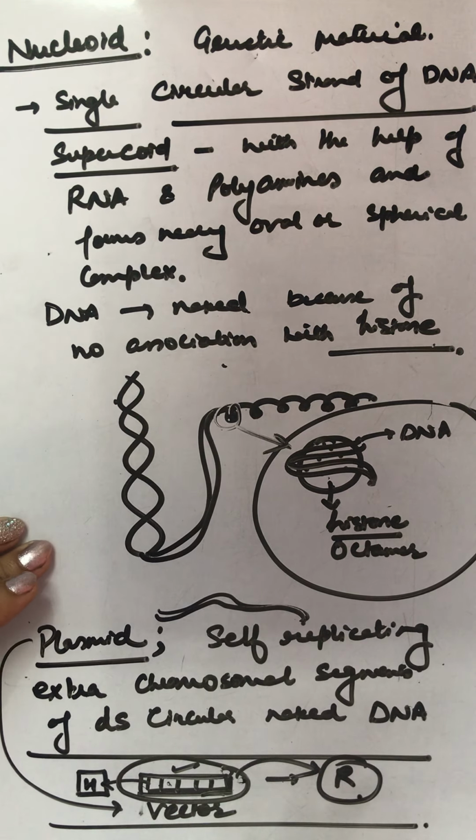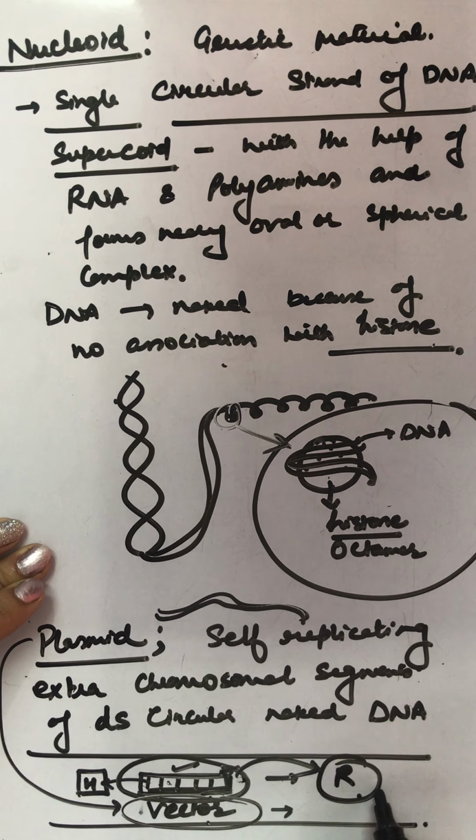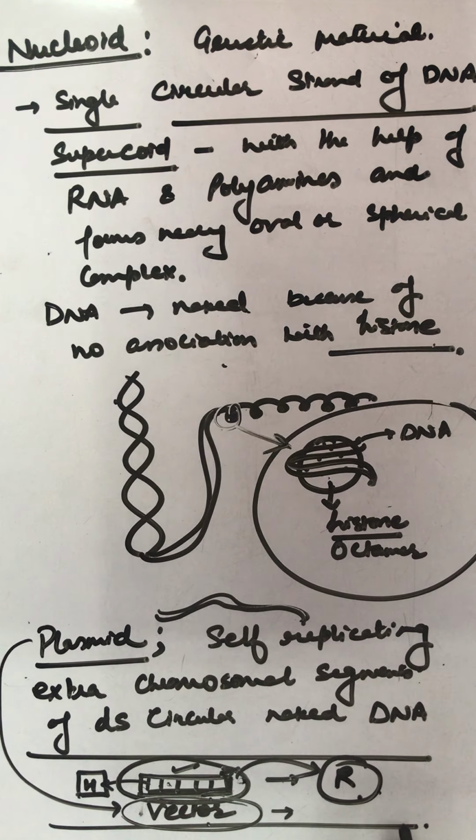So it acts as a factory or a machine or a unit which acts like a vector or a carrier in transmitting the desired set of genes from the host to the recipient. Alright, this is about plasmid. Then we have covered inclusion bodies, gas vacuole, food reserve, cyanophycean starch, flagella, we have covered pili and fimbriae. This is about the prokaryotic cell.